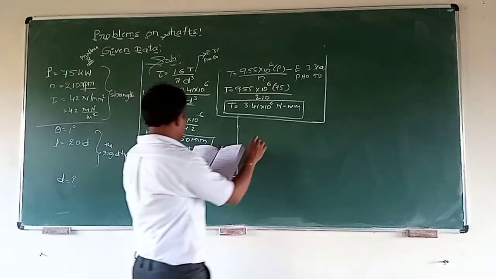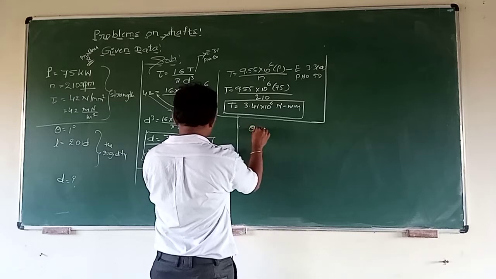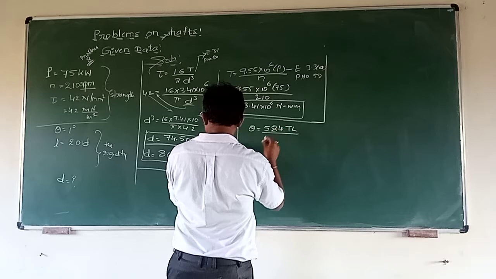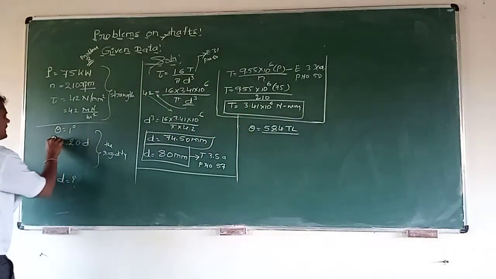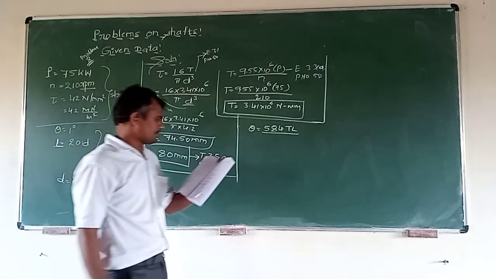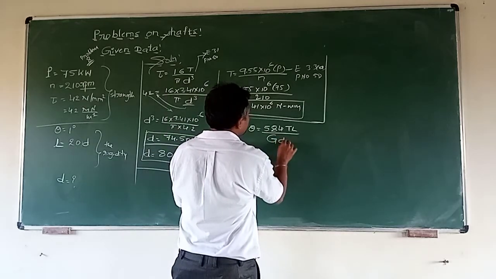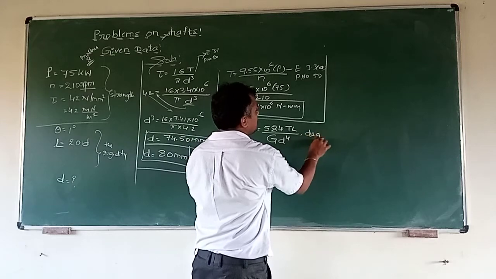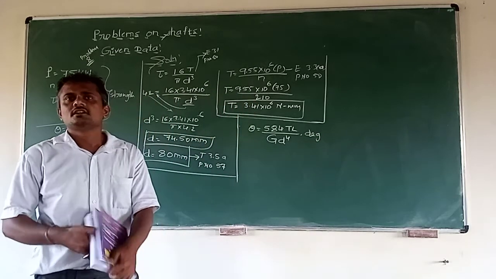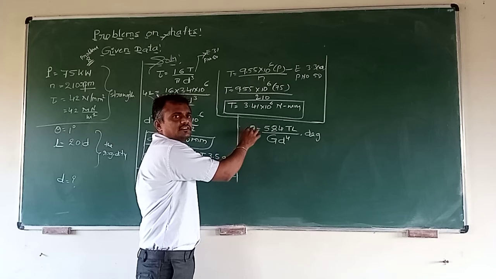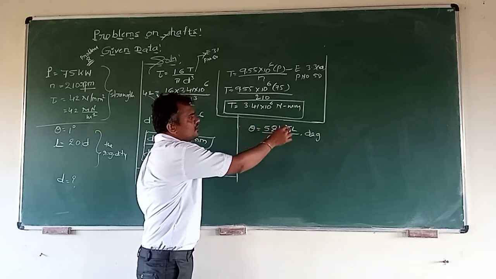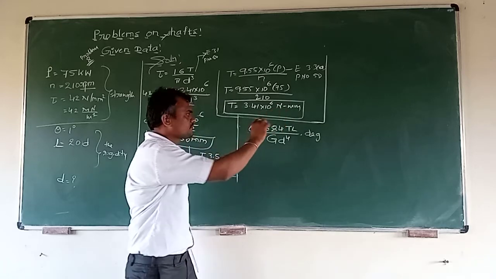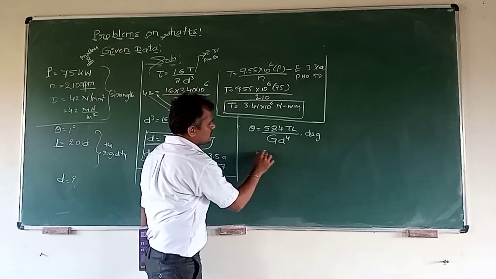Theta is equal to 584 TL divided by G d raised to 4, with theta given in degrees. Theta is given as 1 degree, and T has been calculated in the previous calculation. So L is given.